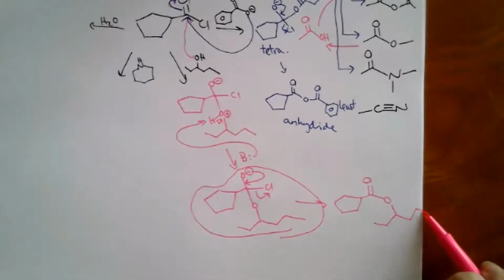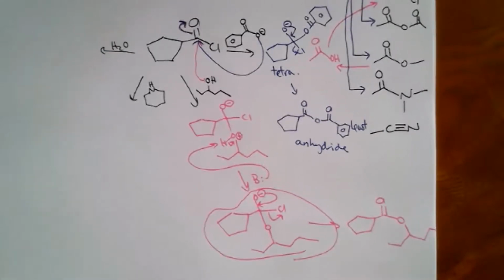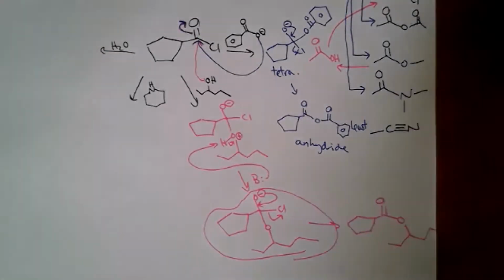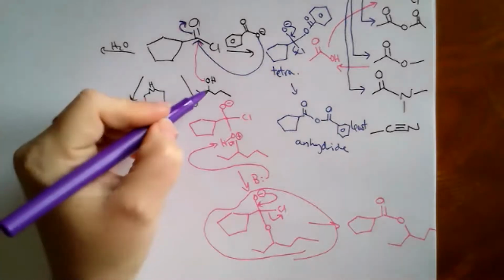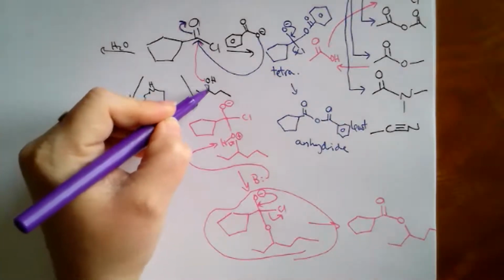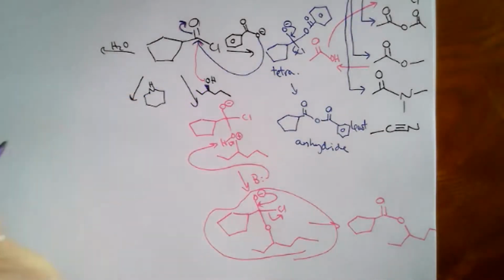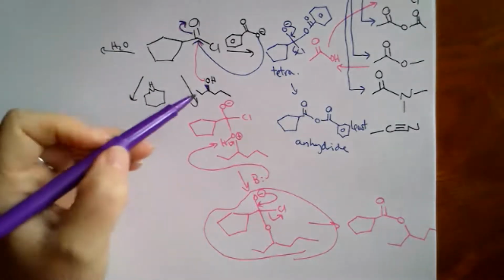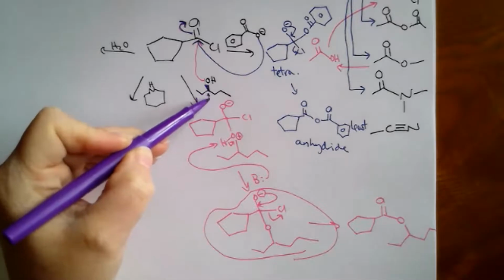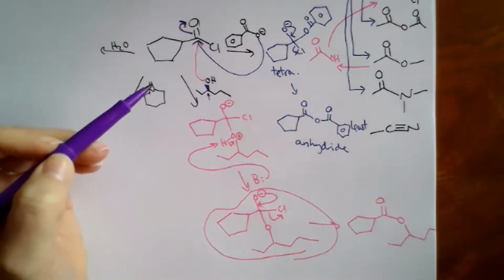There's a carbon over here. One thing I could have done here to make life more complicated is this is an asymmetric carbon, so I could have added stereochemistry to my initial alcohol nucleophile. Did the reaction happen at that asymmetric carbon? Nope.